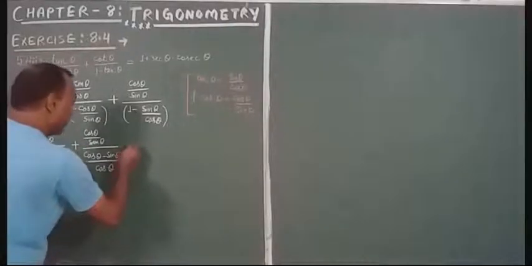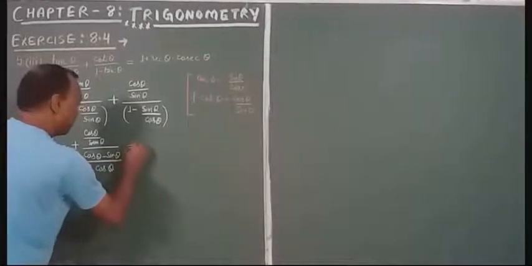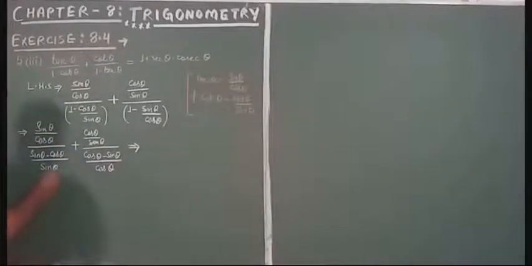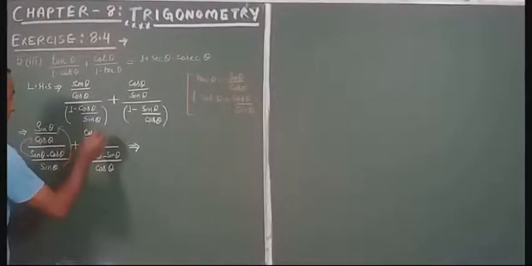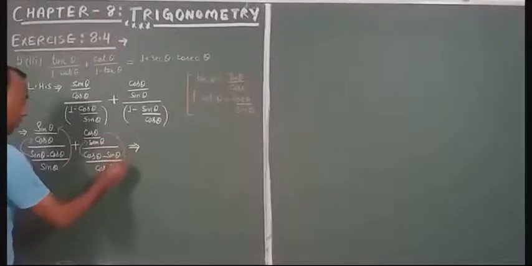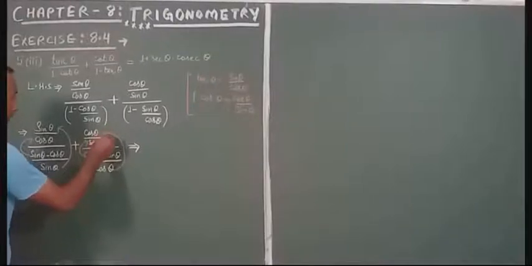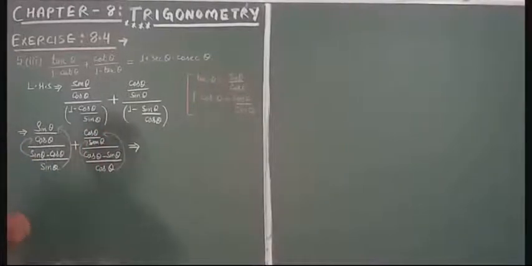Now look here. What will happen? This term will come here in the numerator, this term will reach here, and similarly here this term will reach here and this term will reach here. So what will we get?